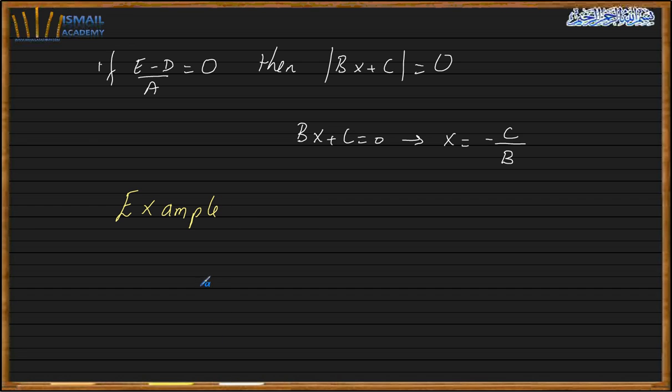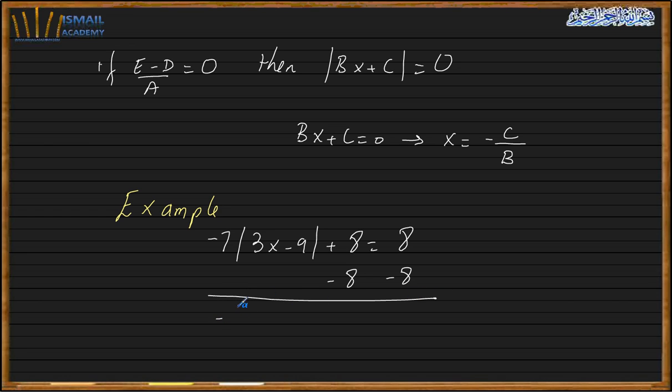For example, if they ask me to solve minus 7 times the absolute value of 3x minus 9, plus 8, equals 8. So I minus 8 both sides. I get minus 7 times the absolute value of 3x minus 9 equals 0. Divide by minus 7 both sides.